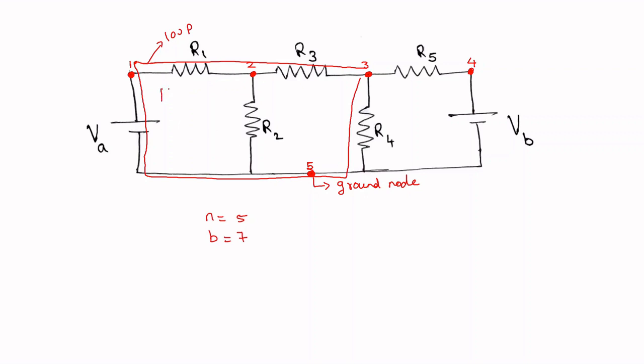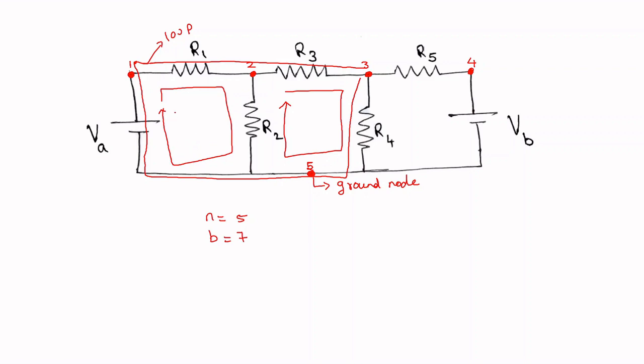Like this is a small loop, VA, R1, R2, and there is another small loop R3, R4 and R2. So this bigger loop cannot be called a mesh because it contains smaller loops within it. So a mesh is a loop which will not contain any other loop within it.